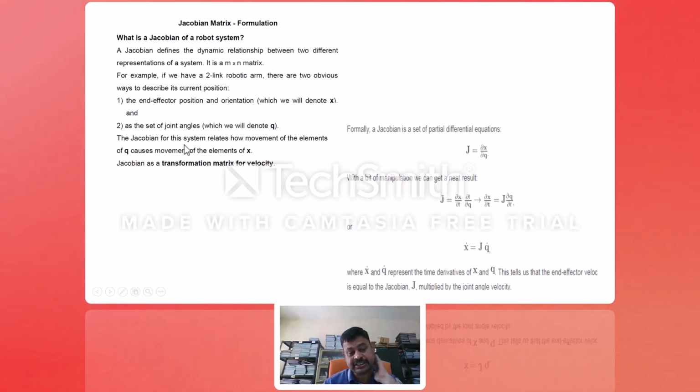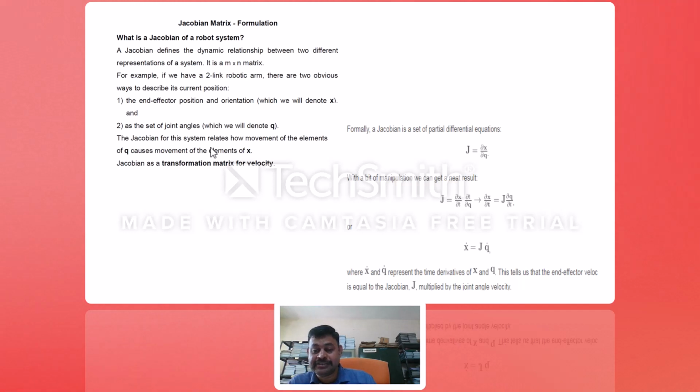The Jacobian for this system relates how movements of the elements of Q cause movement of the elements of X. So the Jacobian is a transformation matrix for velocity. Velocity we already discussed. The Jacobian is a set of partial differential equations. Here you need to recall your partial differentiation.